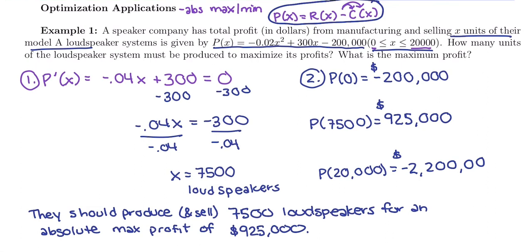So I could make 'math is my favorite class' t-shirts, but if y'all don't want to wear them, there's no point in making as many as I possibly can. So we have to consider both demand and the overhead costs when we're looking at profit. It's not just make as many as possible and then you'll make the most money possible. It doesn't work like that because you have to consider demand and also the cost as well. So they should produce 7,500 because ideally if they sell those, they'll get their maximum profit.